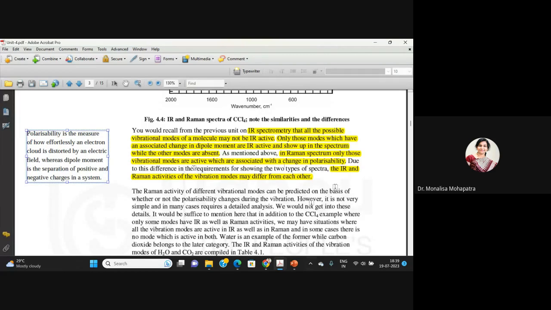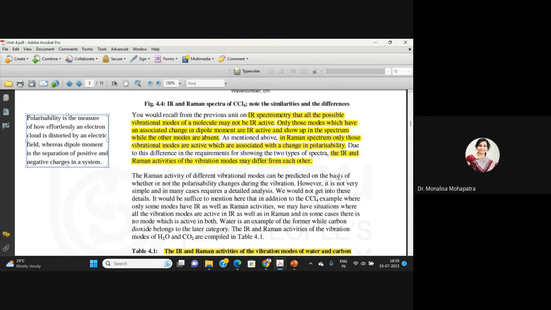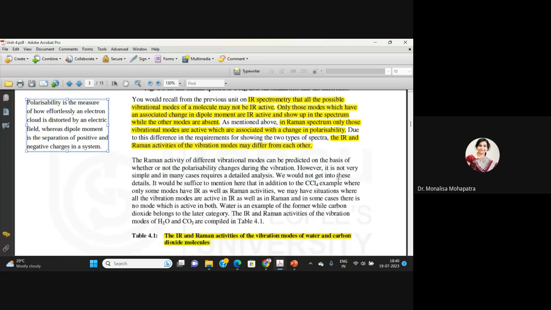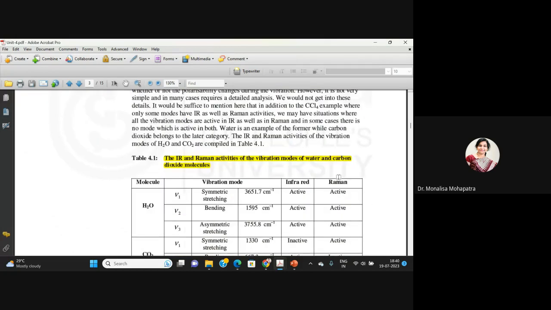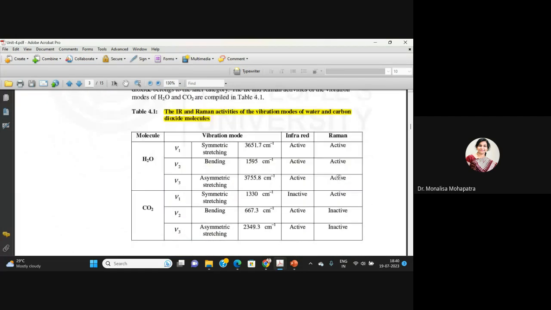So the IR and Raman activities of vibrational modes may differ from each other, and the next part will make this clearer. This is a table. Here you can see for water, three vibrational modes have been given: symmetric stretching, bending, and asymmetric stretching.